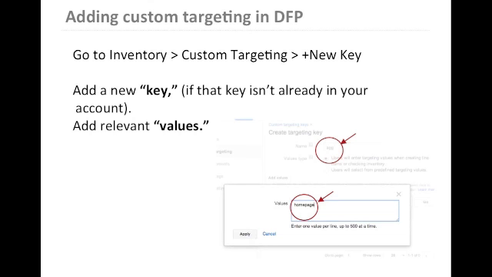If you want to actually make this connection in your DFP account, you want to go to Inventory, Custom Targeting, and it gives you the option to add new key and value pairs. You have to add your key value pairs first before you can target a specific order to it.